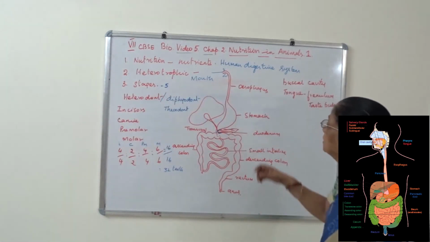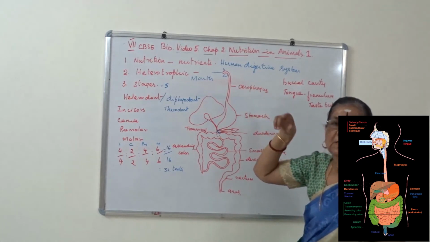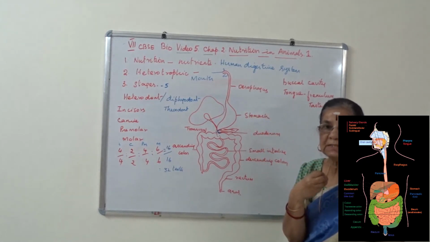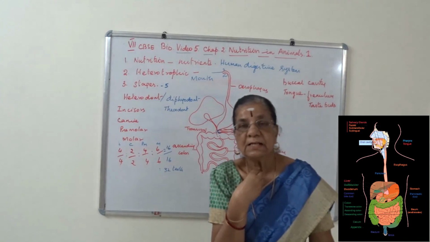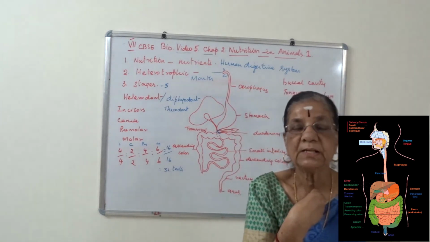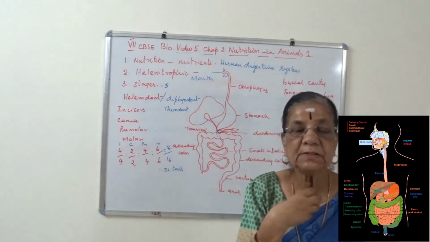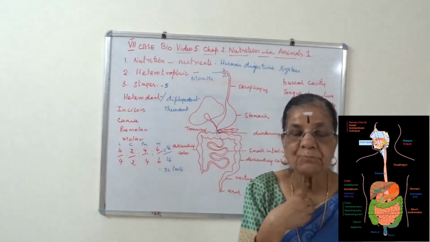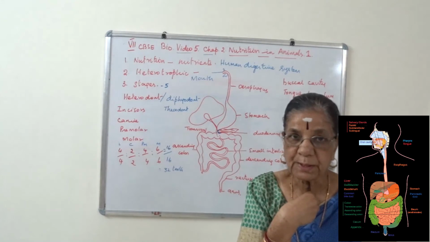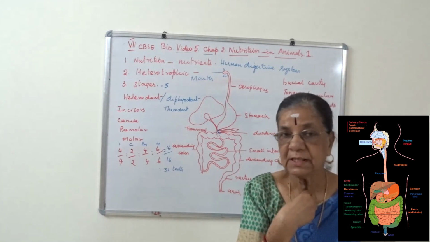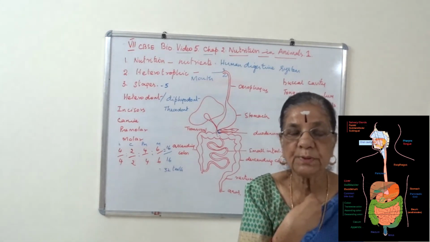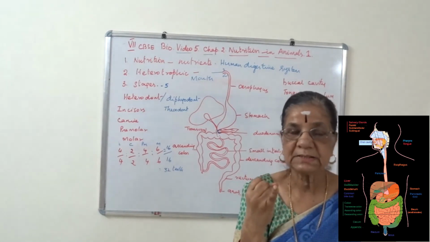And now this mouth is continued as the pharynx, the throat portion. The pharynx receives different openings. What are they? First, the food pipe. The mouth cavity opens into the pharynx.